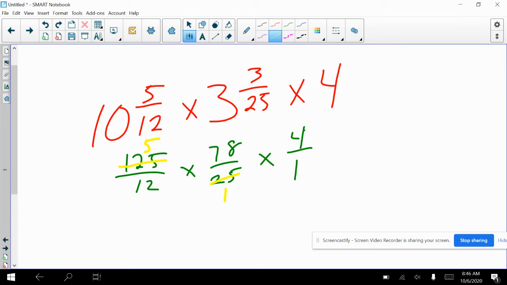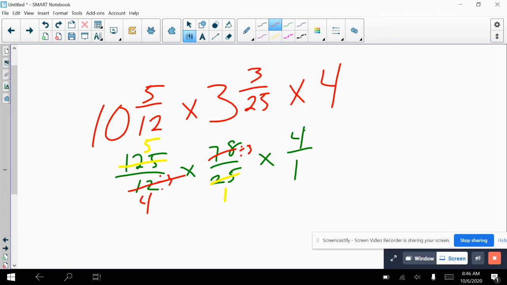Is there a larger number than 2 that goes into 12 and 78 evenly? That answers 3, Joe. I can't hear you. Sorry. If we divide by 3, this is a 4. Dividing by 3, this is going to give us 26.